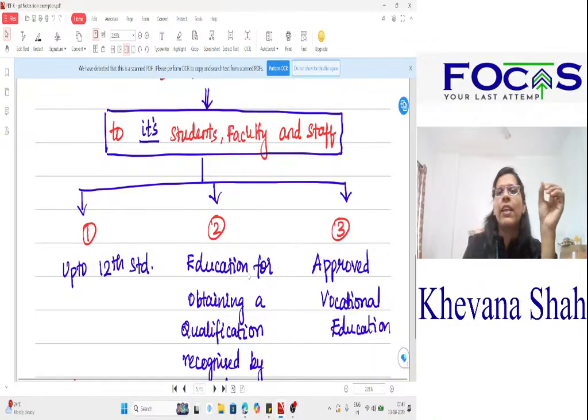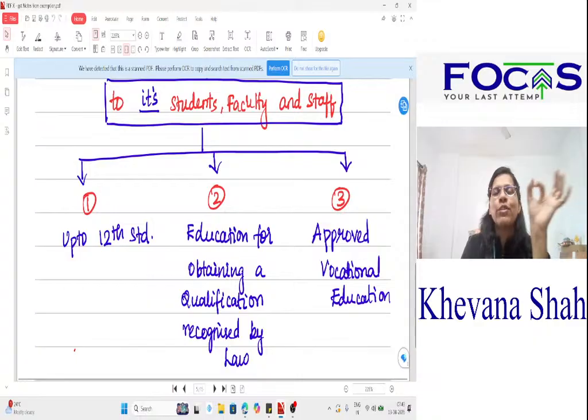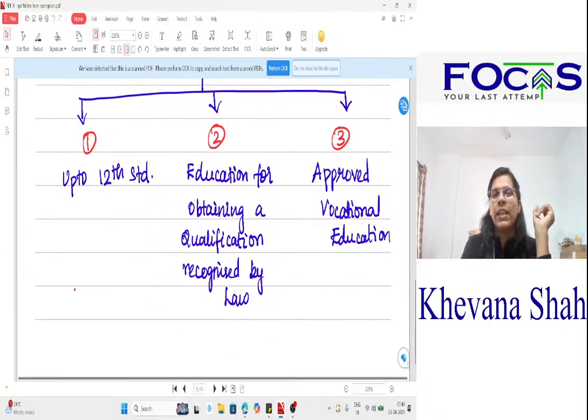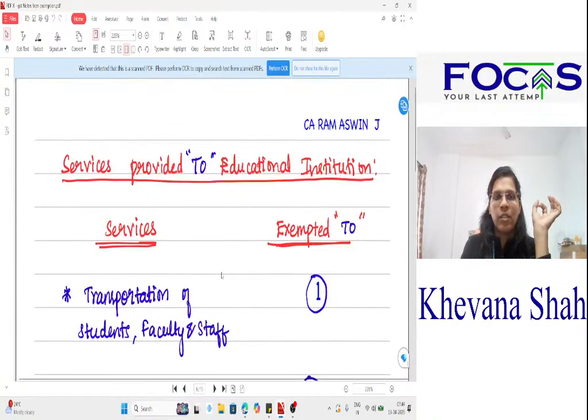The second part is education for obtaining a qualification recognized by law. If you are providing education services to students, faculty or staff for them to obtain a certification recognized by law, then those services will be exempt. Or if you are providing any approved vocational education, that is also specifically exempt under these sections.